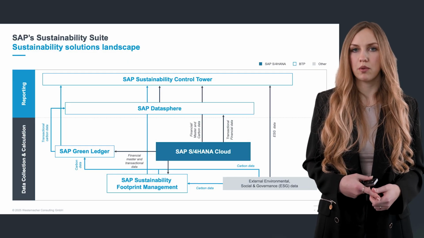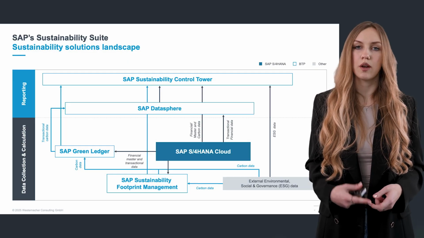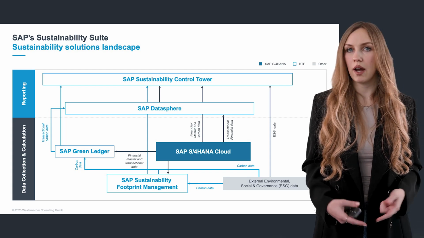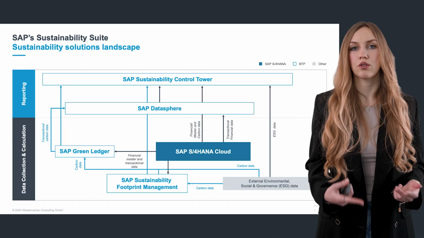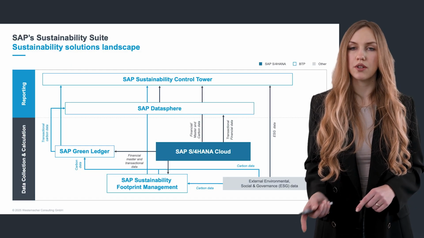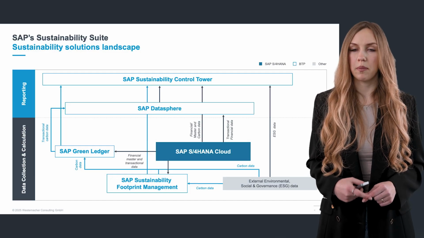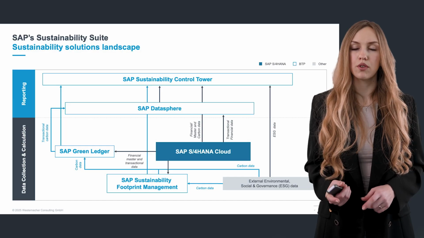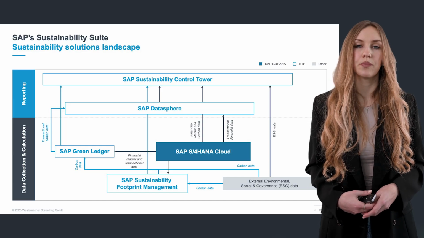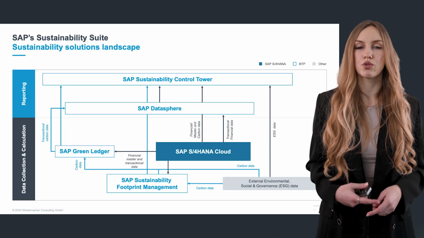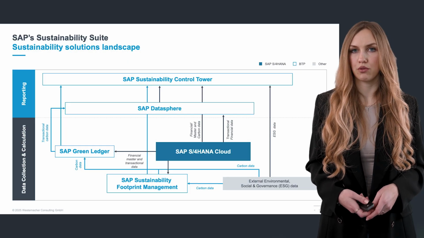You have the opportunity to collect the carbon data from SAP Sustainability Footprint Management, but you can also upload a spreadsheet for the carbon data or even enter it manually via a UI. You also have the opportunity to import data from third-party applications. And then we will report this in SAP Sustainability Control Tower, but you can also do the reporting with SAP Analytics Cloud.